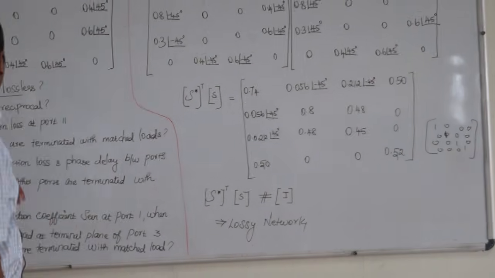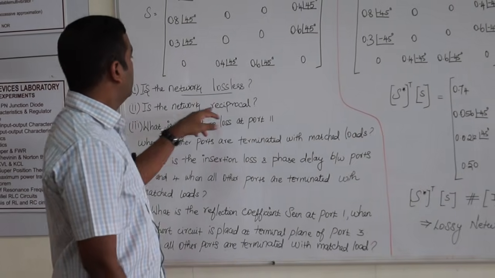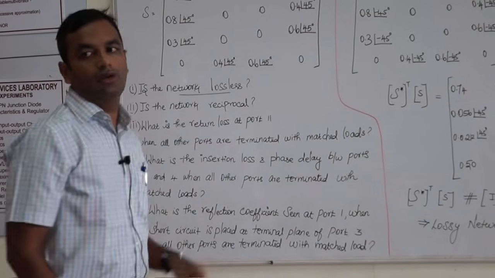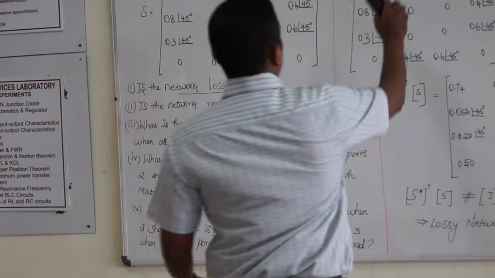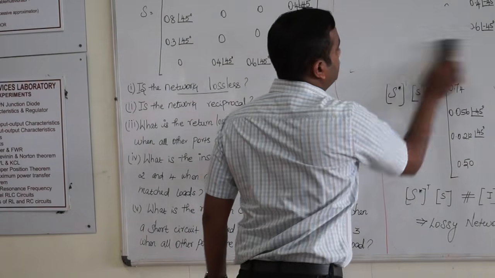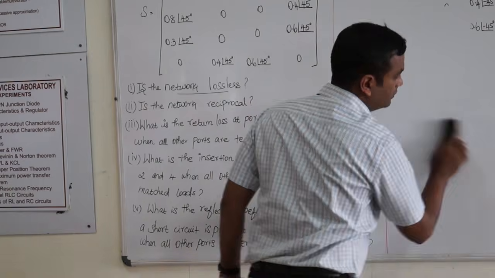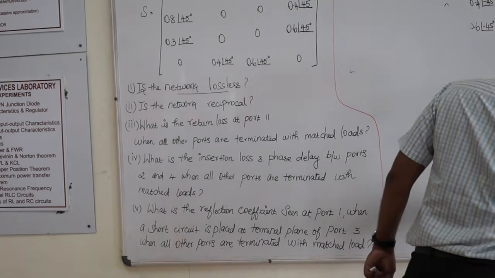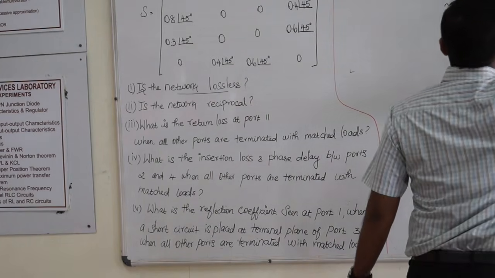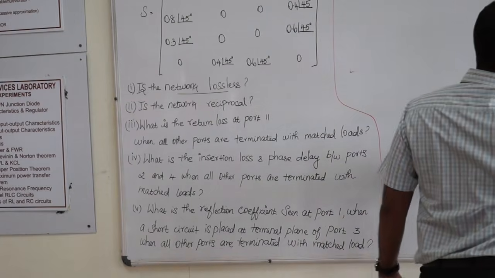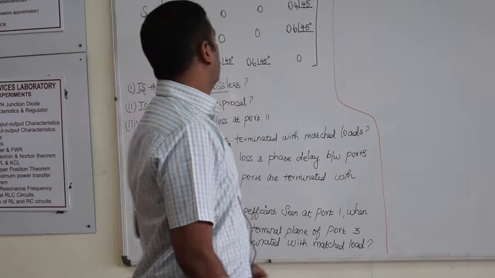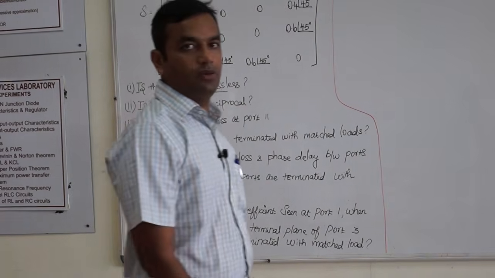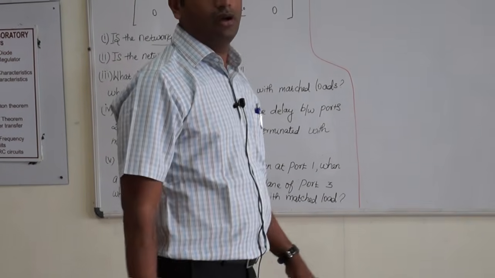The next thing that we will be seeing is we will be finding out if the network is reciprocal or not. To find out if the network is reciprocal or not, we will have to use this formula.